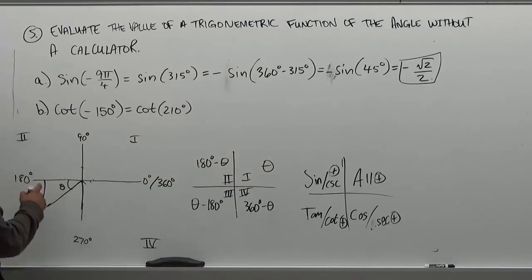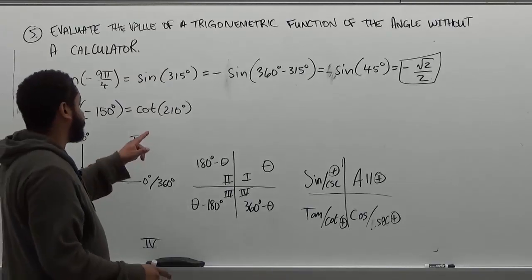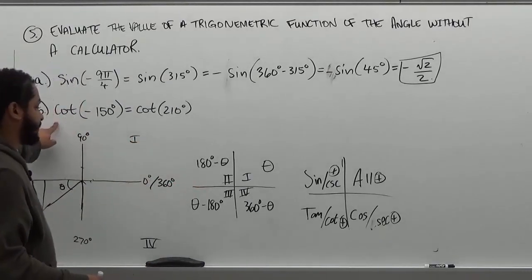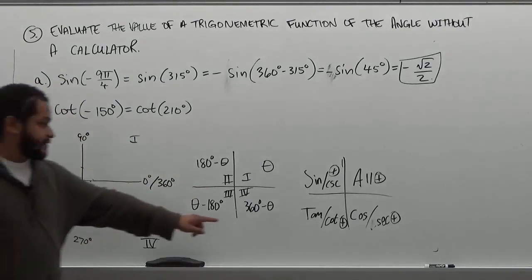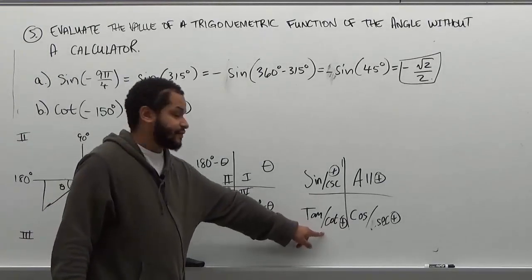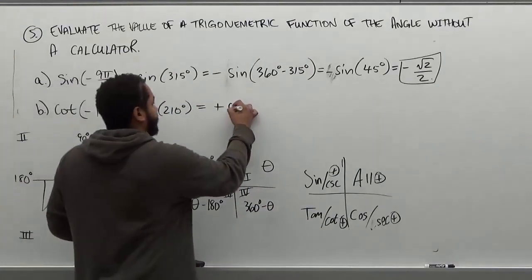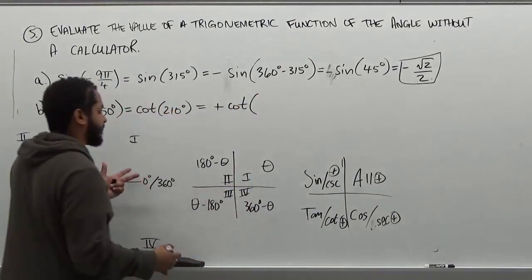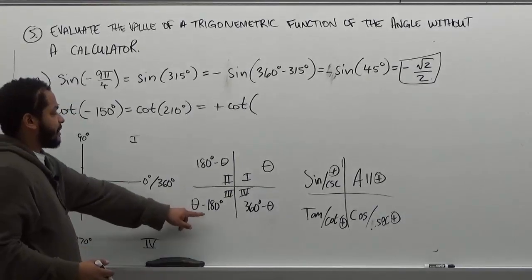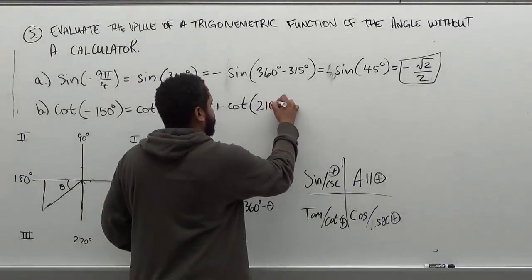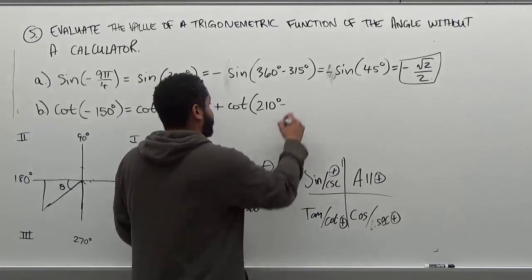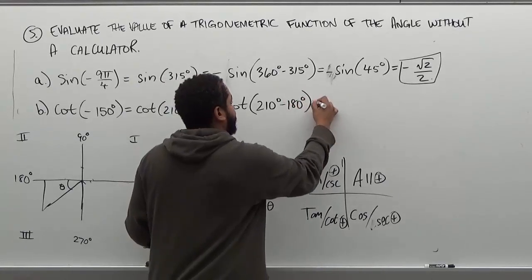And so we already know which quadrant we're in. We want to find our cotangent. In the third quadrant, cotangent is actually positive. So we could just say this is going to be positive. We take the cotangent. We solve the reference angle, which is going to be the angle minus 180 degrees, and that's 210 degrees minus 180 degrees.